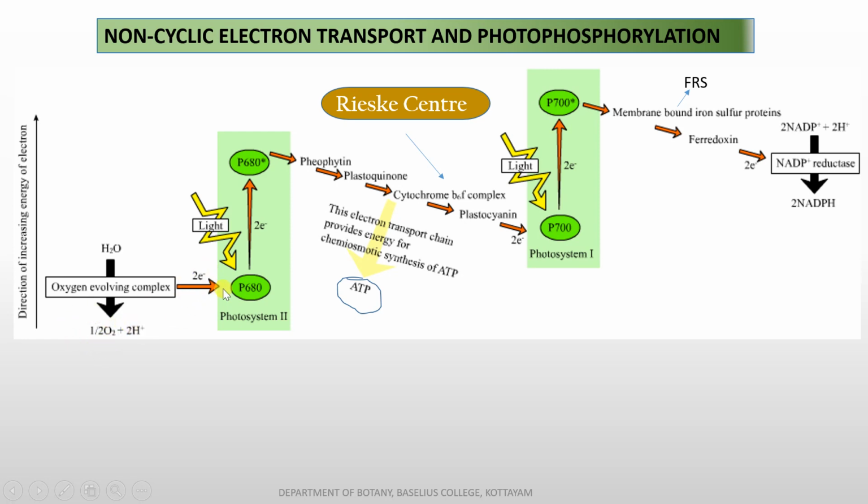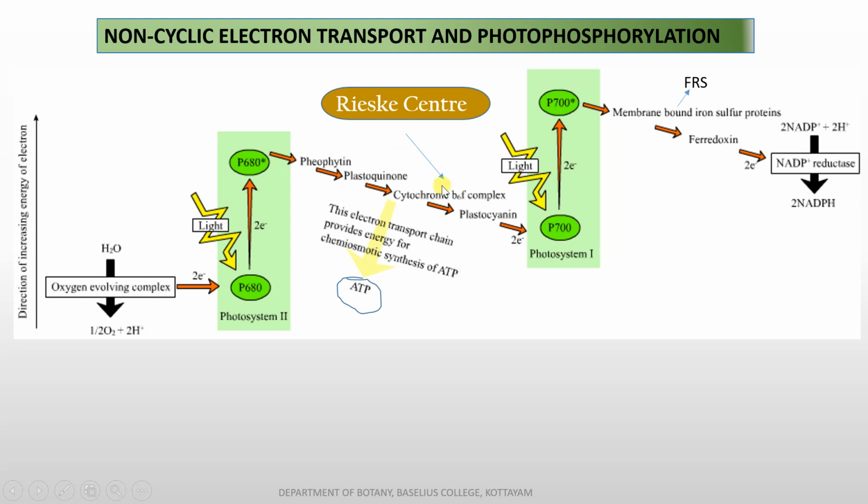These 2 electrons are supplied to P680 to fill the hole of P680, and the 2H+ produced by this splitting of water is utilized for the reduction of NADP+. By the arrival of 2H+ from photolysis, NADP+ is now fully reduced to form NADPH.